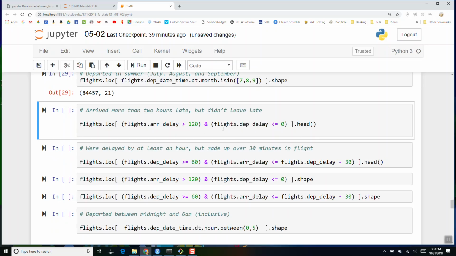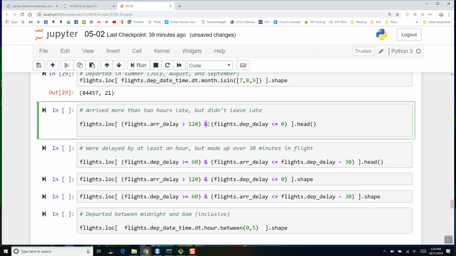More than 2 hours late, but didn't leave late, okay? Here, I use the and sign, the ampersand. Generally when you do Boolean things in Python, you'll use the words and or.